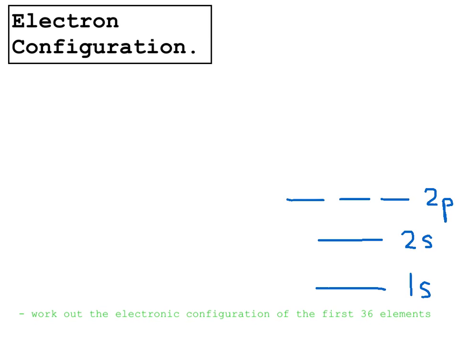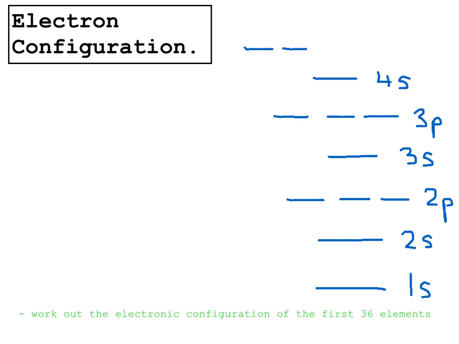In the third shell there is an s orbital, which we'll label the 3s, and there are 3 p orbitals, which again we'll label p, but with a 3 this time because it's in the third shell. Then in the fourth shell, we've got the 4s orbital, and then we have some d orbitals, and there are 5 of these. But we don't label them the 4d, instead we label them the 3d.